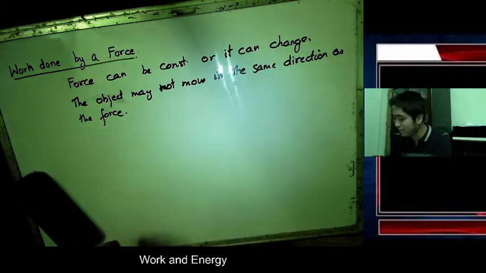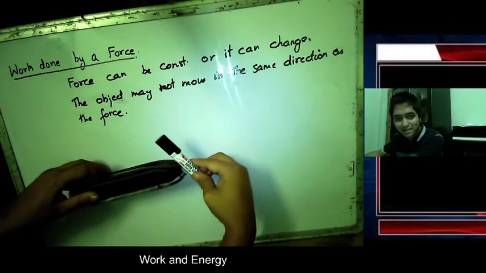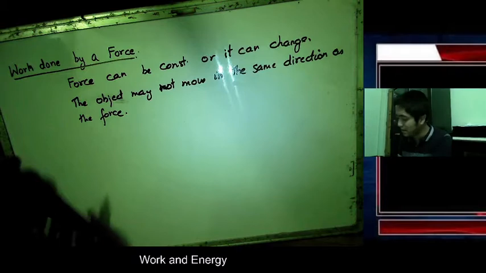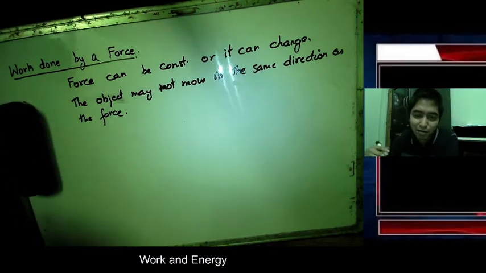So you have to be very careful. Even though you are applying in this direction, the object is moving in this way. But one thing that you must remember is that because forces are vectors, they can always be resolved into that direction.